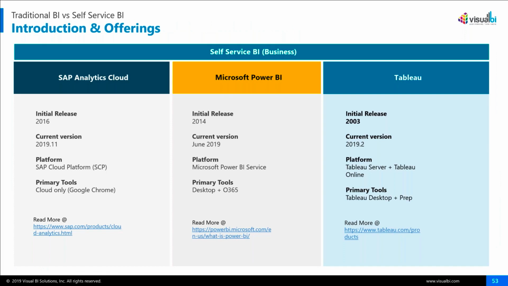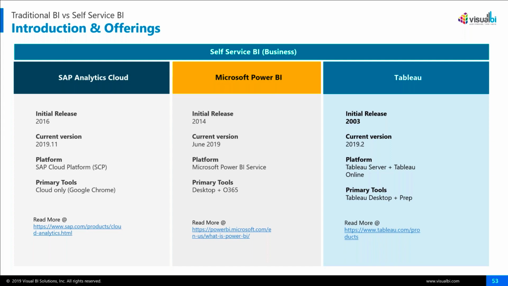So let's start with the introduction, and Tableau is actually the most mature one because it's been there since 2003. They have Tableau Desktop, Tableau Server, Tableau Online. Power BI is somewhat of a 2014 product, but they innovated first in the cloud, and they came with the Power BI service and through an Office 365 bundled offering.